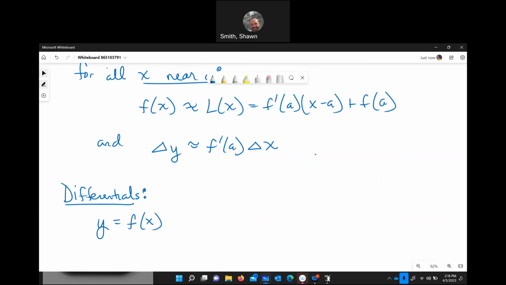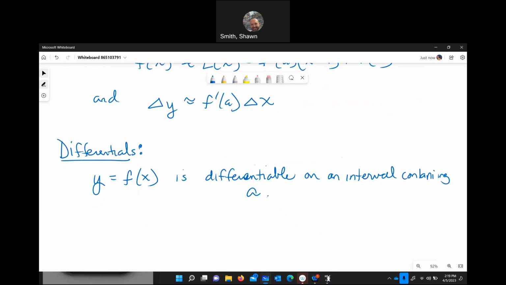All right, so y is f of x, differentiable on an interval containing a. The change in y is equal to f of a plus that change in x.